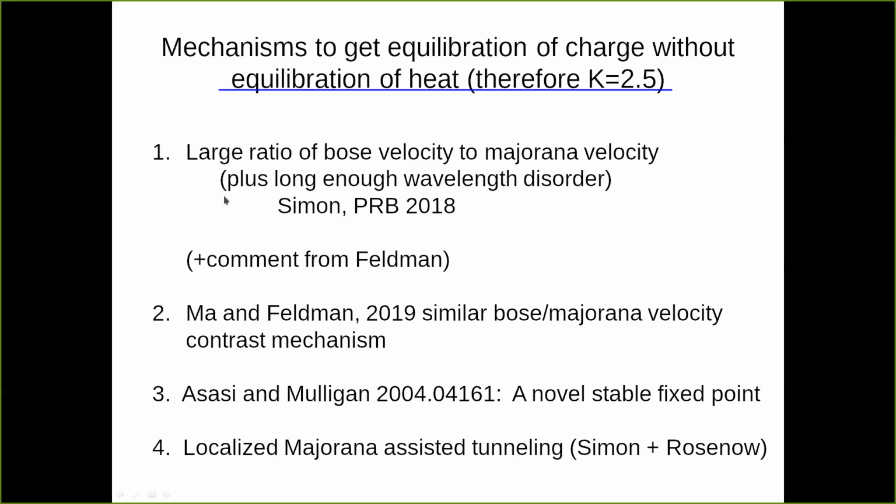So in the original paper that I published, I said that the Bose velocity and the Majorana velocity are known to be very different, by a factor of 10 or so. And that really can affect how much heat goes into the Bose mode versus the Majorana mode. And under certain conditions, you may be able to get all the heat to go into the Bose mode, and therefore it would be consistent with the experiment.